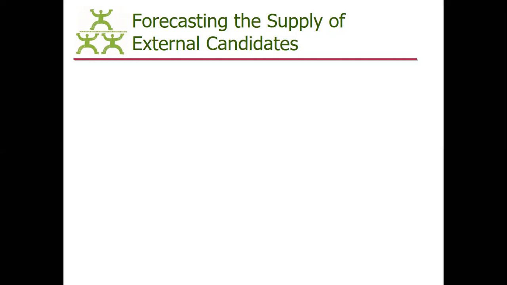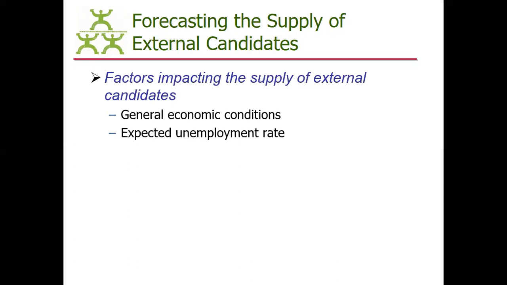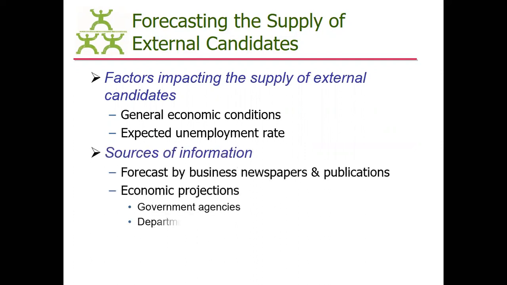Now let's talk about forecasting the supply of external candidates. The major factors that have an influence on the supply of external candidates are general economic conditions of an organization, and the expected unemployment rate.